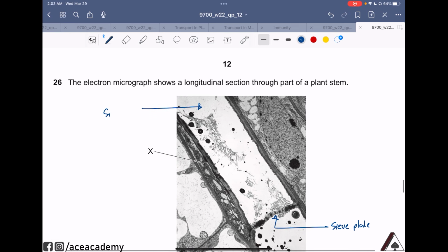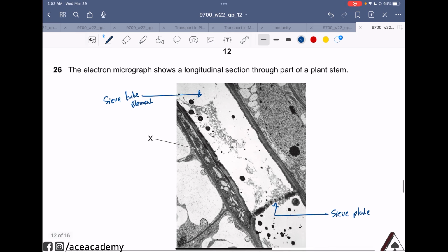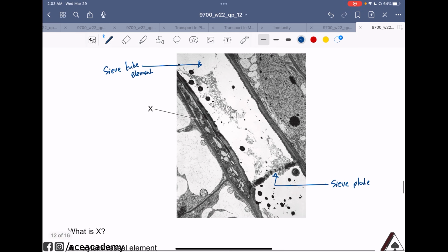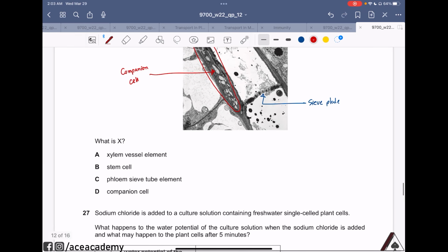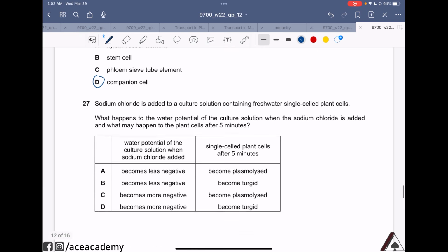This is a sieve tube element, and this cell over here, this is a companion cell. So what is X? X is a companion cell. So D is the correct option.